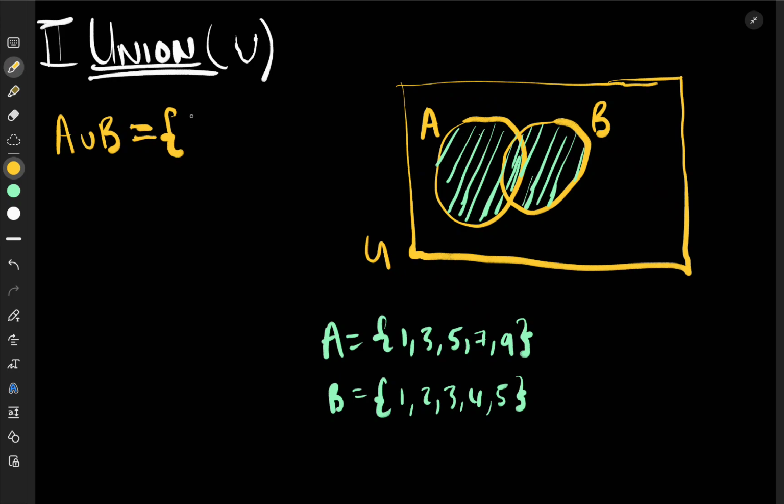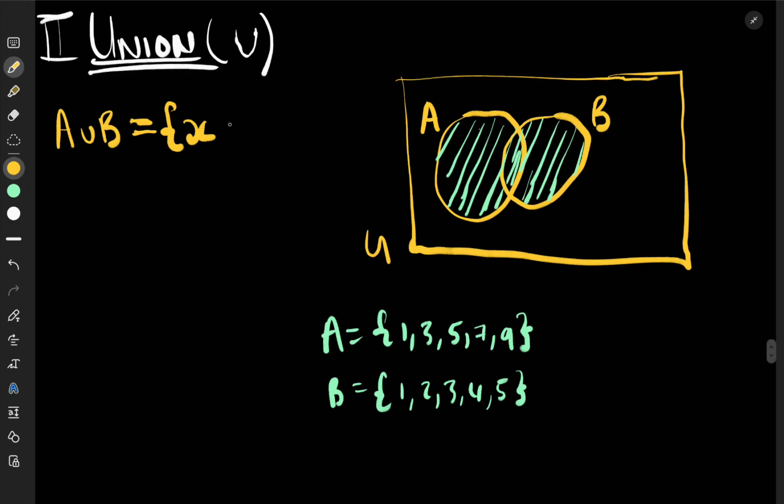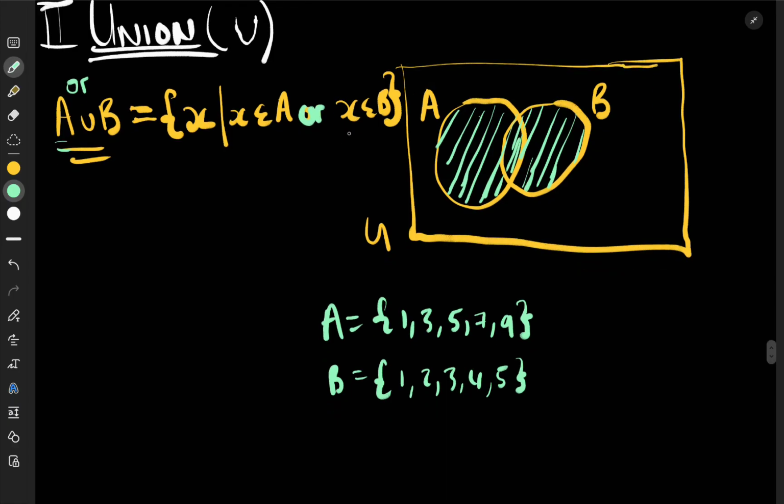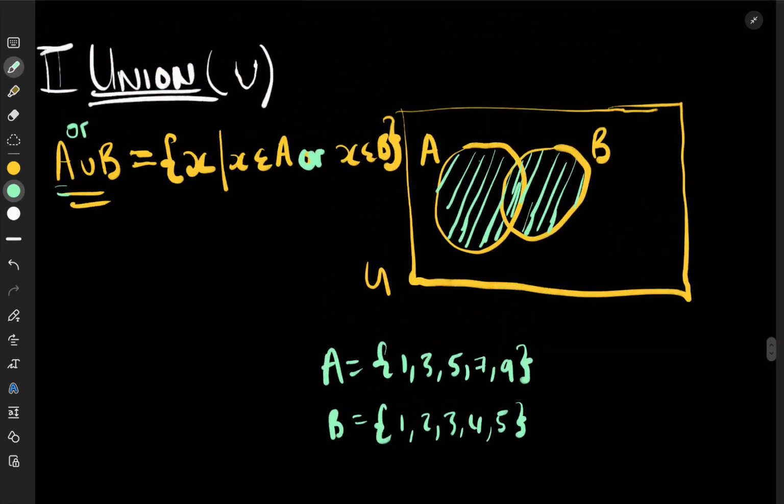We can use X. So we can say it will be all values X such that X is an element of A or X is an element of B. It is easy to go from the symbol to this, because you need to know what the symbol union means in English. It is or. That's how we put the union in set builder notation.